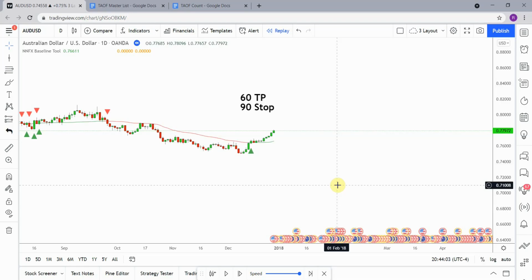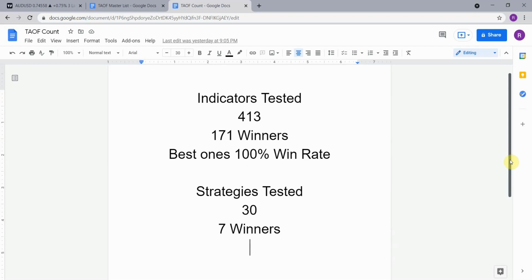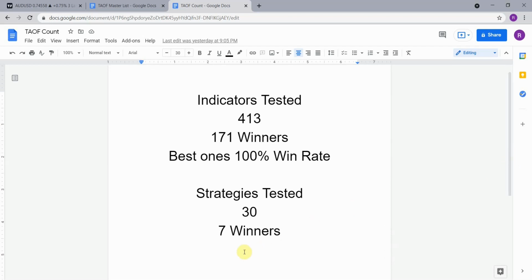Alright, as I said, today we will be testing the NNFX baseline indicator. Before we do though, I wanted to put the testing scoreboard up for everyone to see. So to date, we have tested a total of 30 different strategies, with 7 of them being winners. We have also tested a total of 413 indicators, with 171 of them being winners, which means that they have met or exceeded the 60% win-loss ratio threshold that we have set for them.